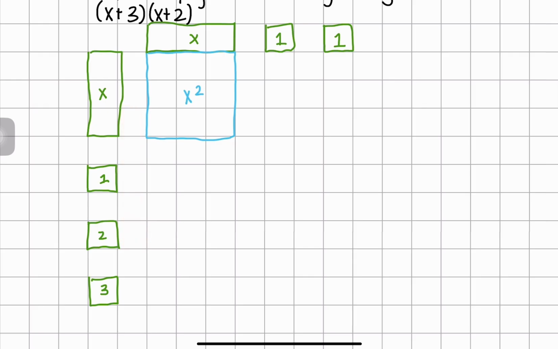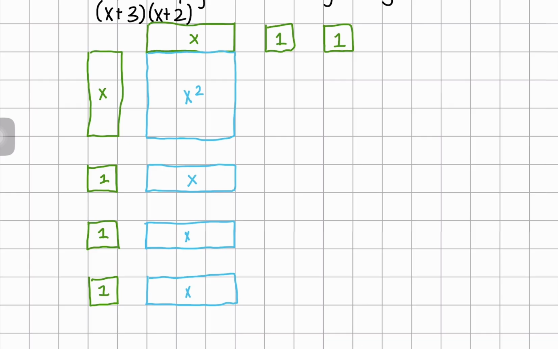So next we have x times 1, which is x, and then x times 1, which is x, and my apologies, these are supposed to be 1s. Last we have x times 1, so we have x and x.